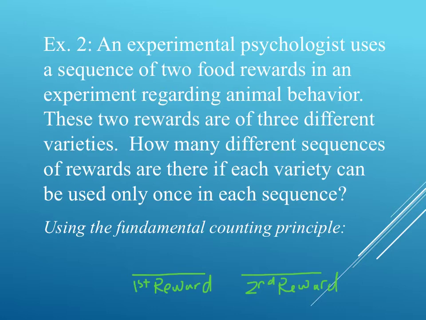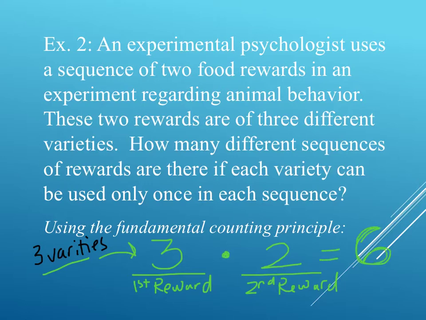So for the first reward, I have 3 possibilities, three different varieties. And now for the second reward, I'm only going to have 2 different varieties, because remember, once I use one, I don't have one, I can't repeat it. So now 3 times 2, fundamental counting principle, gives us 6 possible combinations. Much easier than a tree diagram.